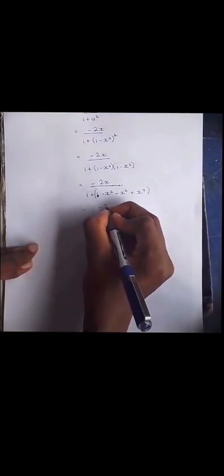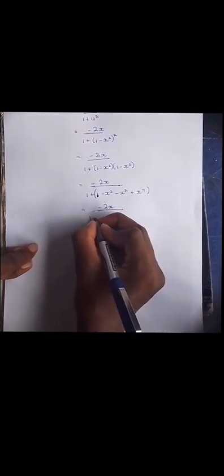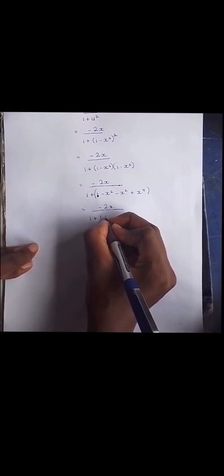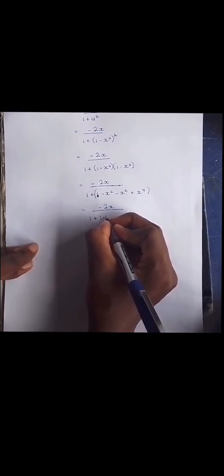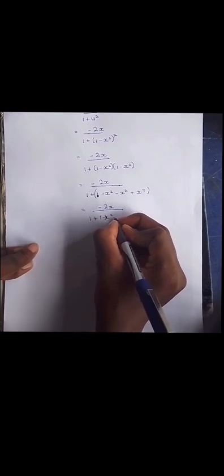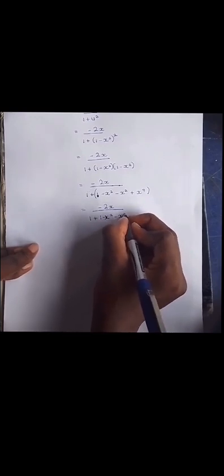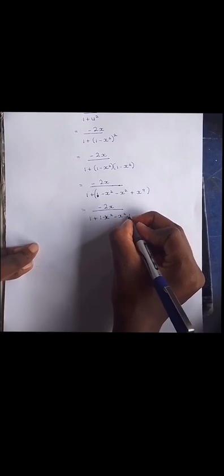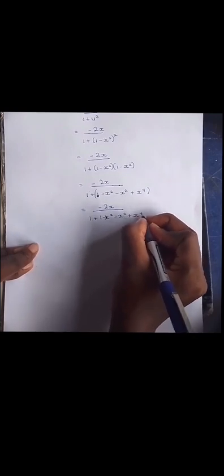So I'm going to have minus 2x all over 1 plus, I'll open the bracket finally, 1 minus x squared minus x squared plus x raised to the power 4.